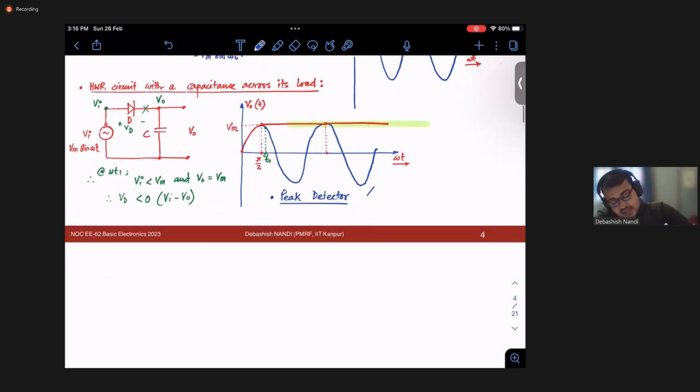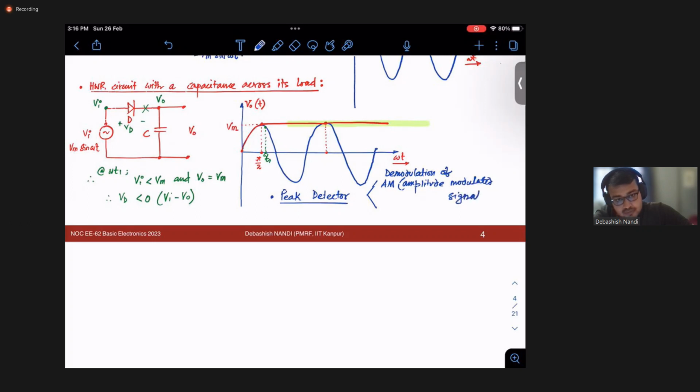And this kind of circuit is used in demodulation of amplitude modulated signals. You will read in your analog communication course what amplitude modulation is and how you demodulate it.